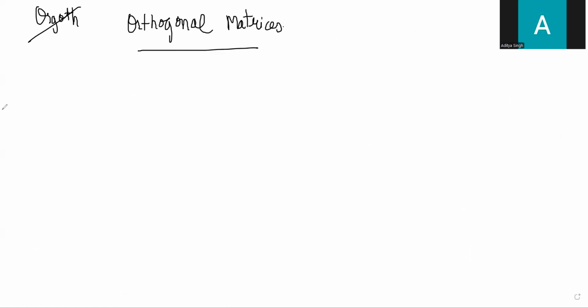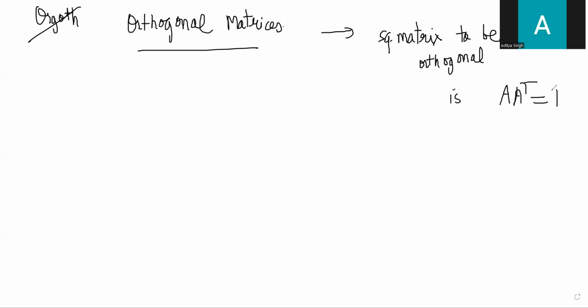Orthogonal matrices. So the condition for a square matrix to be orthogonal is that A into A transpose is equal to the identity matrix.